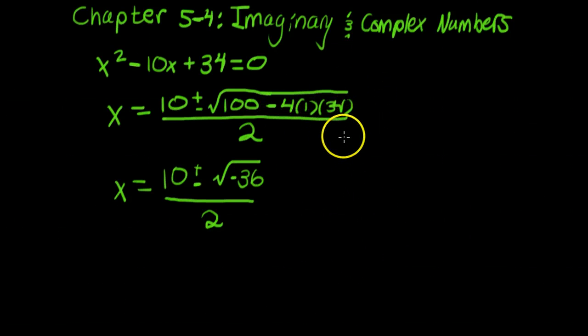The first step is to define what an imaginary number is. The imaginary number i is a number whose square equals negative 1. So that means i squared equals negative 1, or i equals root negative 1.